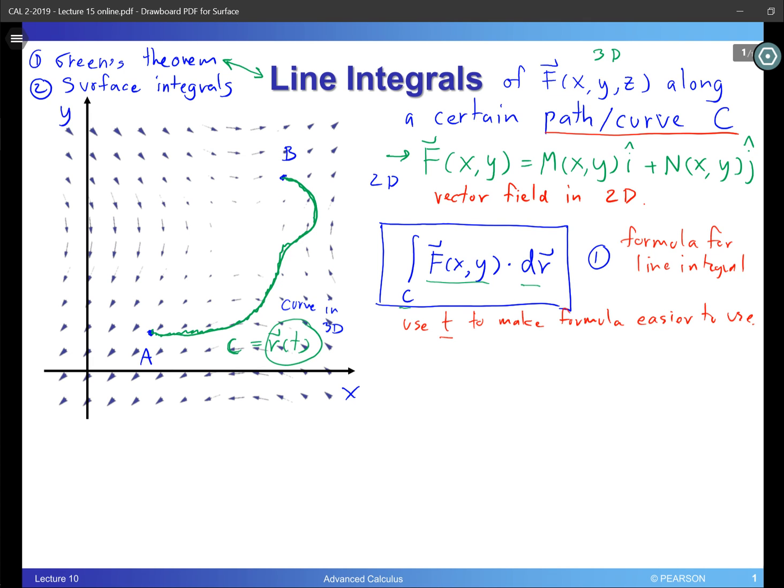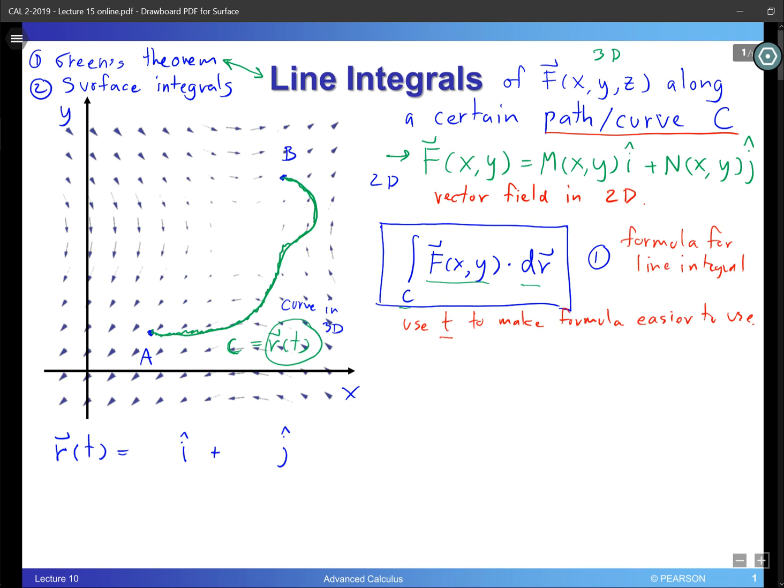So what about we put this r of t right here? Now C becomes r of t, a line in 3D, and it's going to have this i component and j component. This r of t is going to be a position vector, so it's going to represent the coordinate along the line, right?